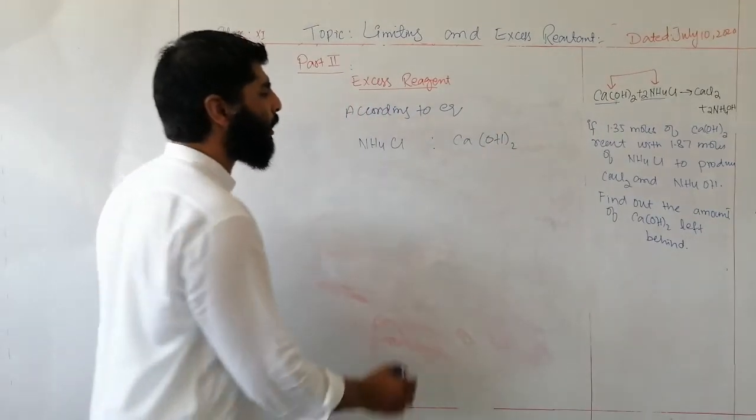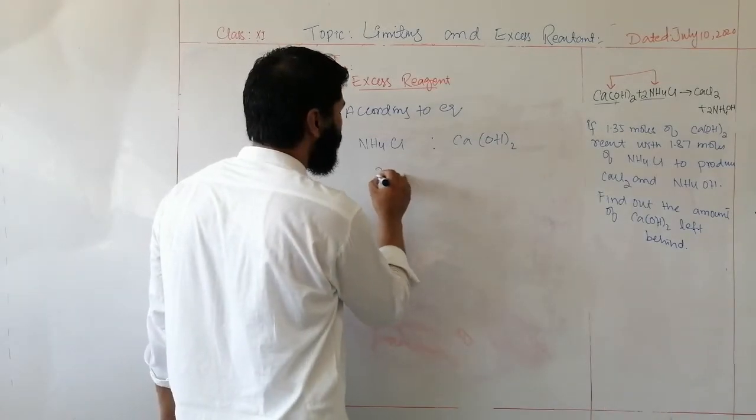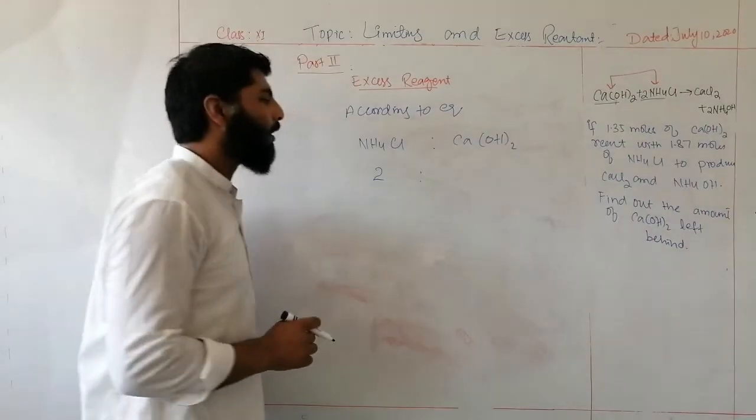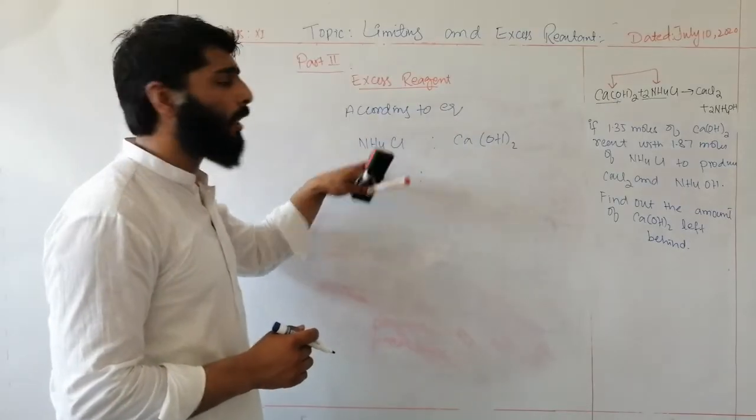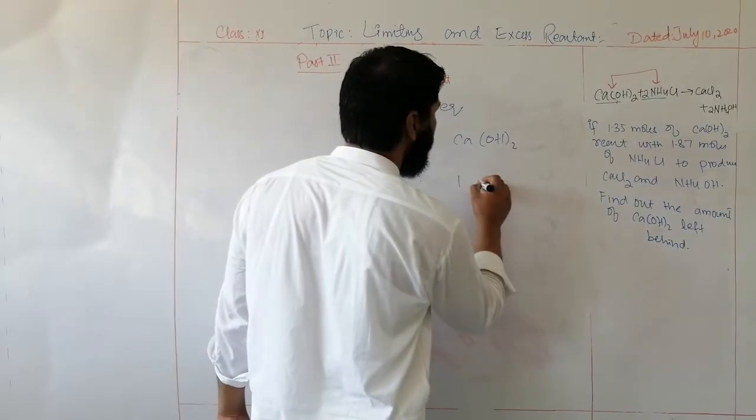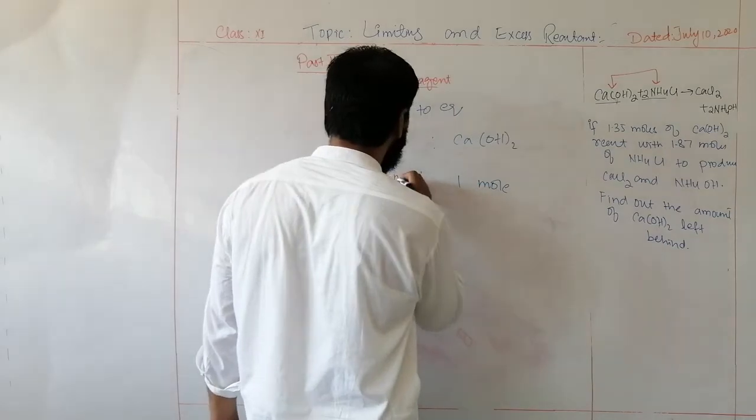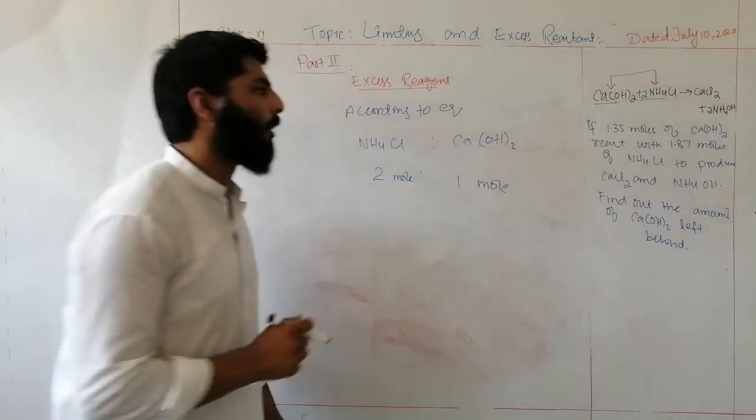According to the balanced chemical reaction, 2 moles of ammonium chloride react with 1 mole of calcium hydroxide.